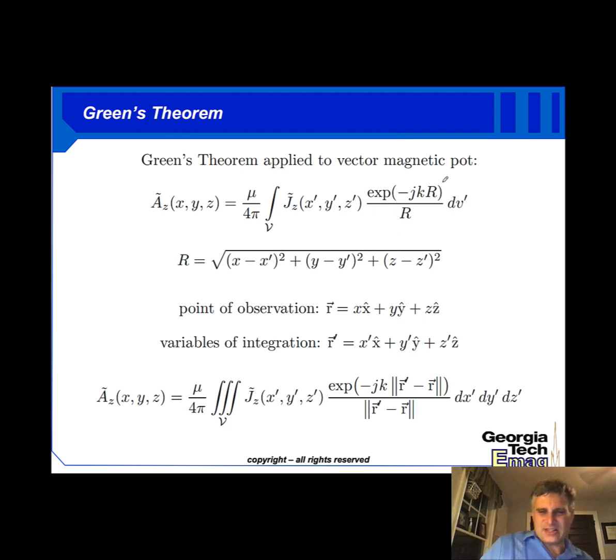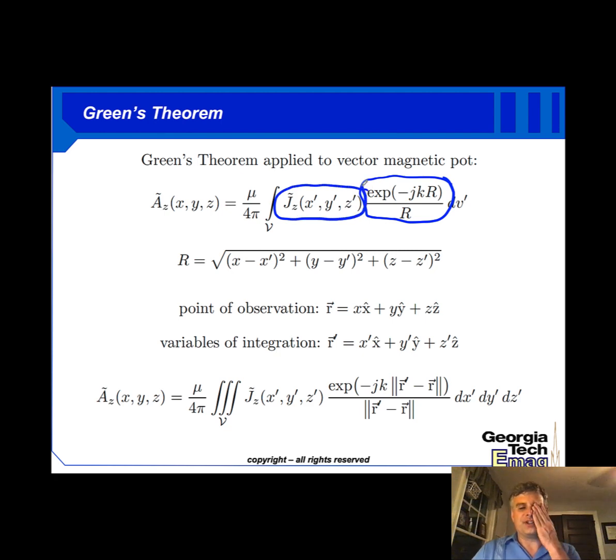And if that's the case, we can apply Green's theorem, which says here's the propagating term for that source at the origin. And here's a general volumetric distribution of current. So R is the distance between that volumetric current distribution and the point of observation. And here's a very critical difference now.